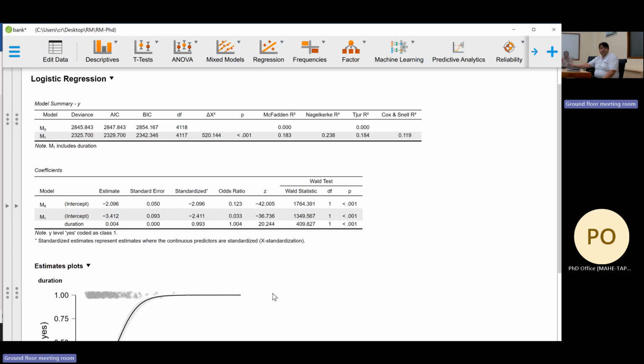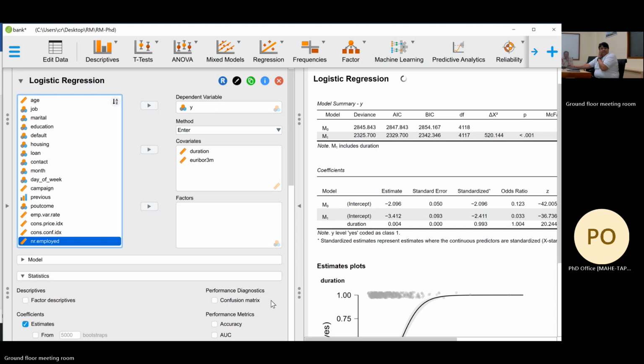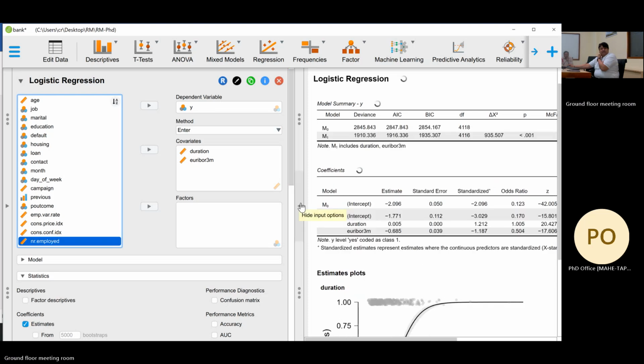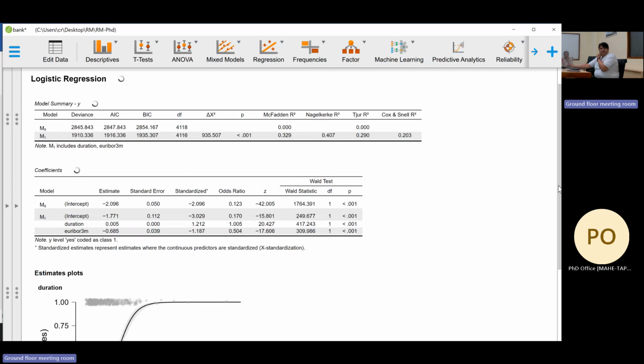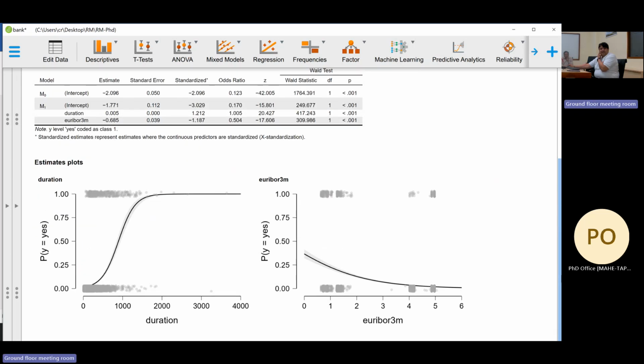If you want to compare which variable is better, let's take Euribor now. Now you get the estimates plot for Euribor separately.